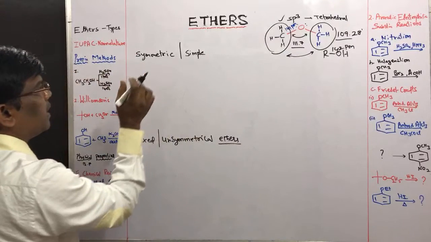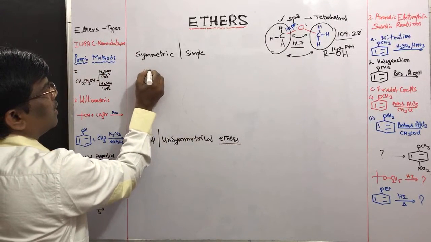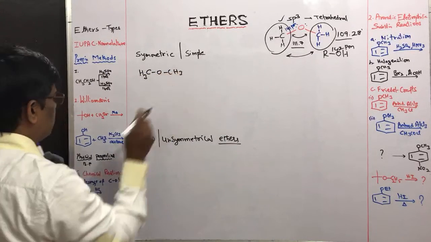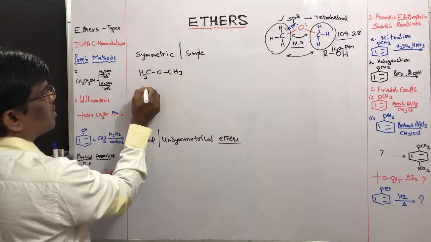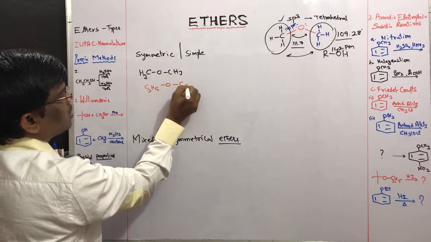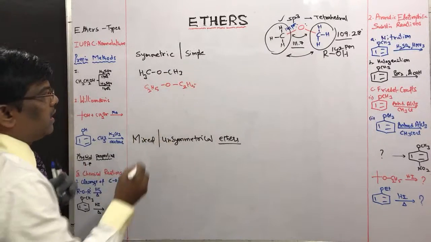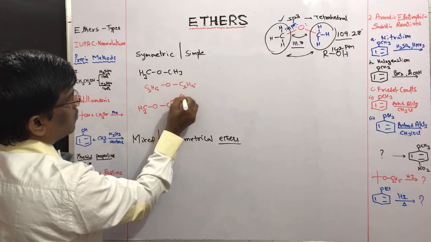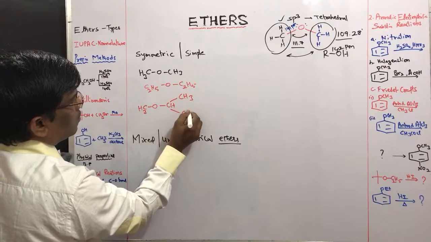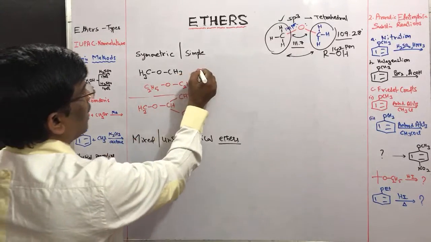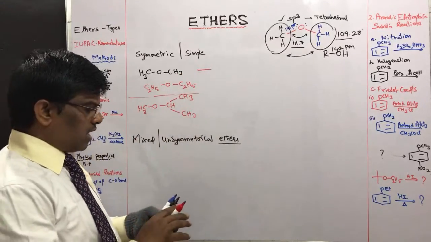For example, symmetric ethers: CH3OCH3, methoxymethane, and C2H5OC2H5, ethoxyethane. This is a mixed ether, and the IUPAC nomenclature follows like this.